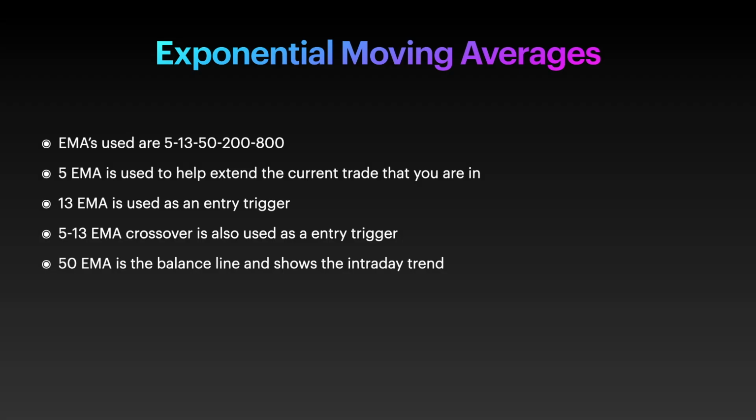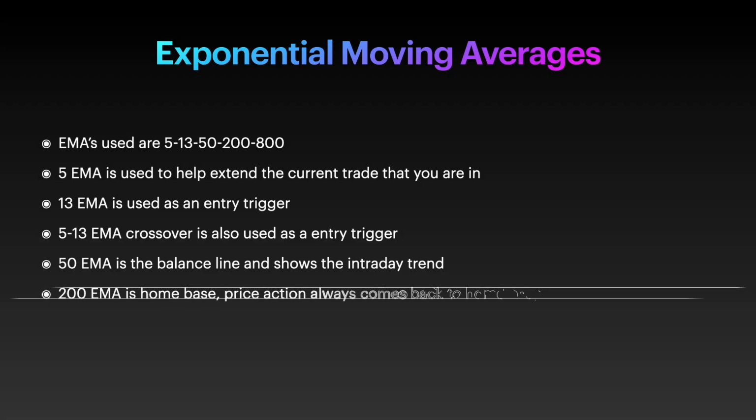Also, the 50 will act as rolling or moving support and resistance. The 200 EMA is home base. Price action always comes back home to home base once it gets too far away.